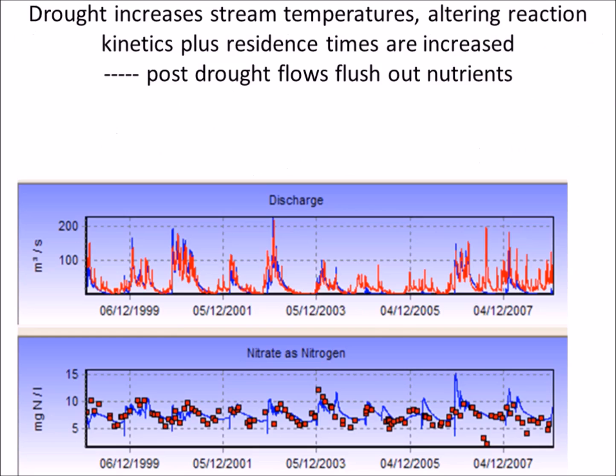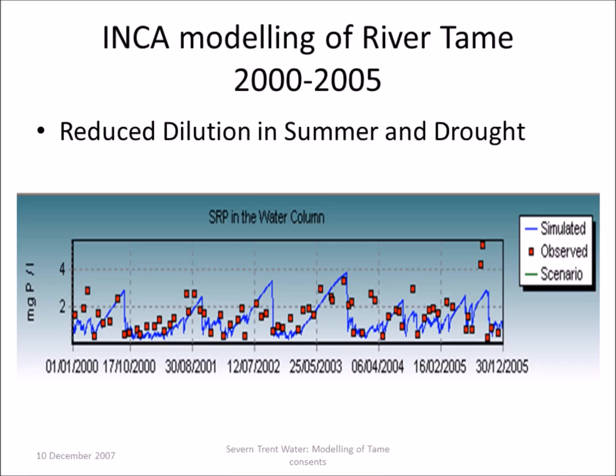And what we're trying to do is capture those kind of observations that we saw. So can we reproduce what happens during drought periods, this increasing concentration of phosphorus due to the lack of dilution? This is simulated and observed data, and it's Environment Agency data. So we're using the routine data taken from the river, but obviously backed up by the CEH data set as well.